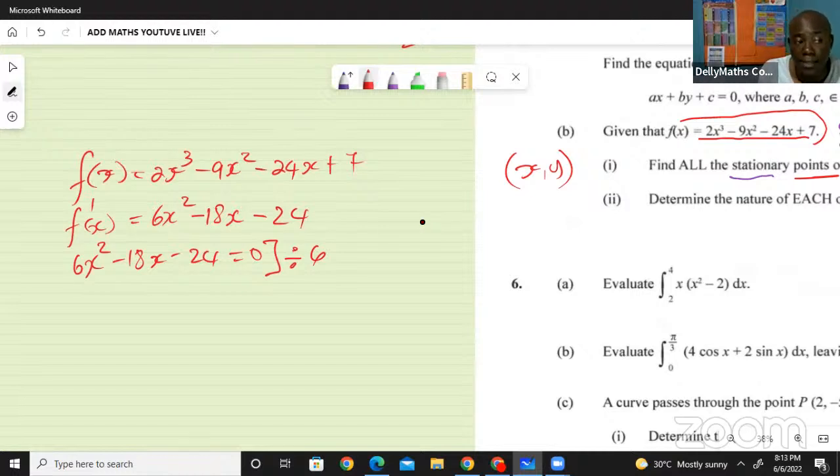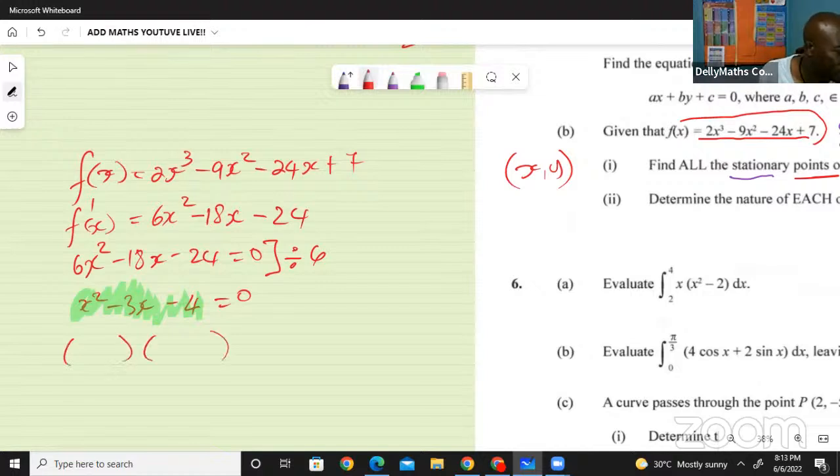So if I divide through by 6, this becomes x squared minus 3x minus 4 equals 0. Same math, but I'm now working in a simpler form. So I can just look at this and factorize: x plus 1, x minus 4 equals 0.